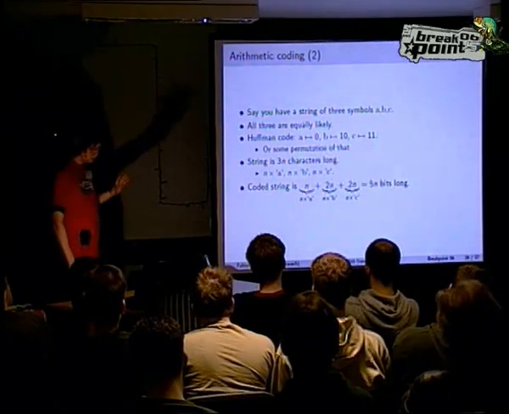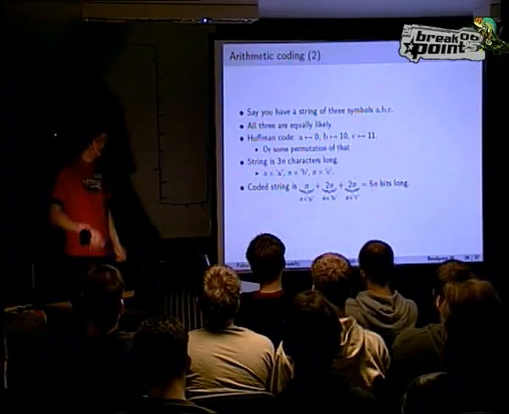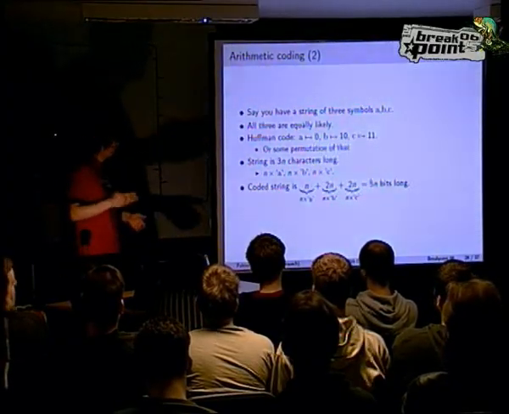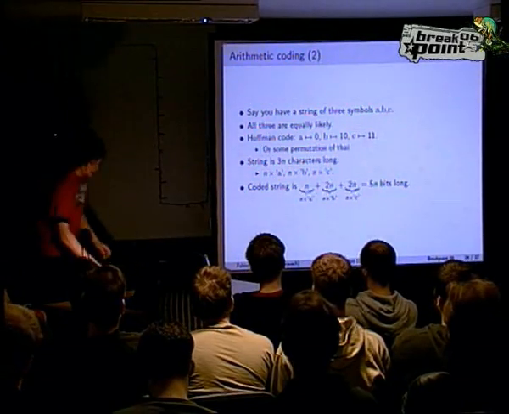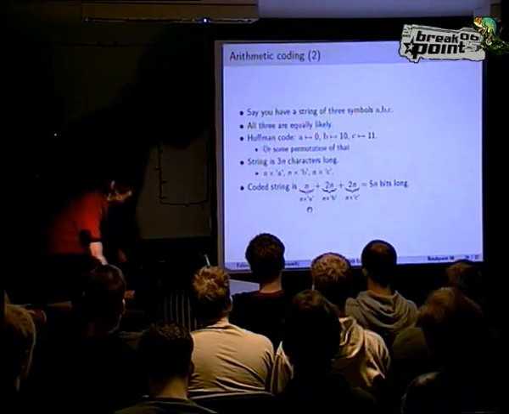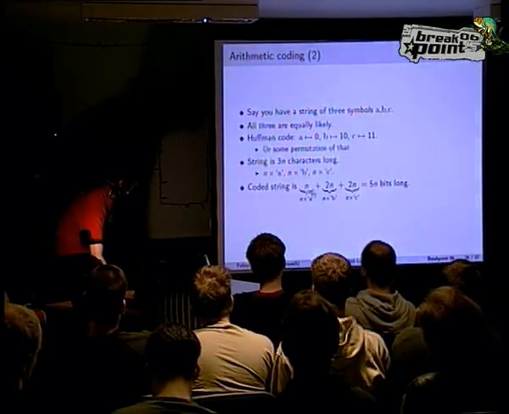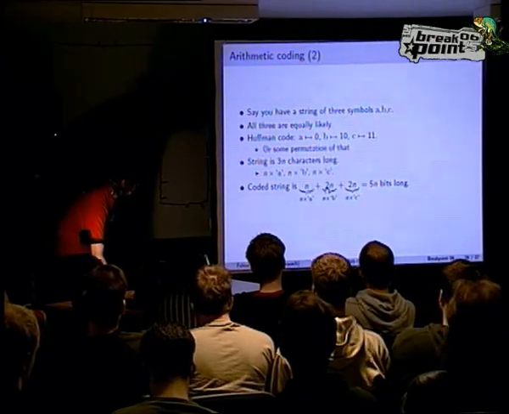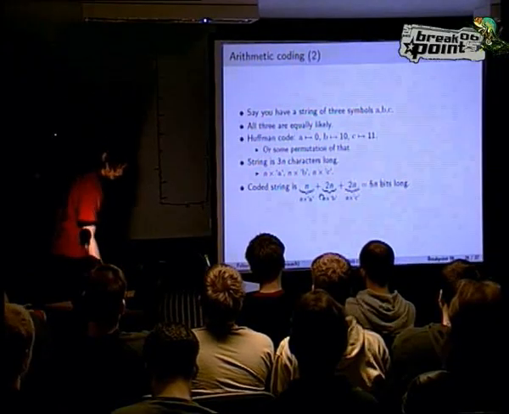And say your input string is 3n characters long, so you have n A's, n B's, and n C's. The coded string will be 5n bits long, because the A character, which takes 1 bit to code, occurs n times, and the other 2 characters, which take 2 bits to code each, also occur n times. So you end up at 5n bits.